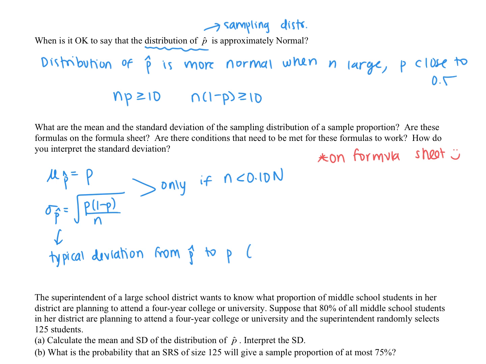This is, though, of course, in the long run with many samples. It does not mean I take a single sample and that's how far the sample proportion is from the population proportion. It does not mean that. So I want to be clear, it's in the long run only when we take many samples.